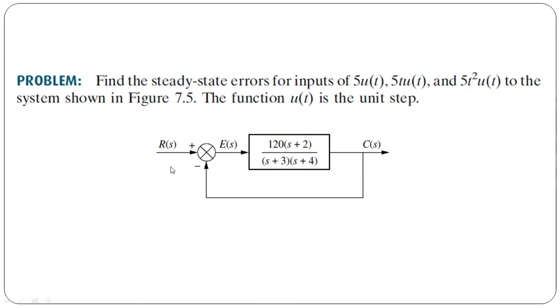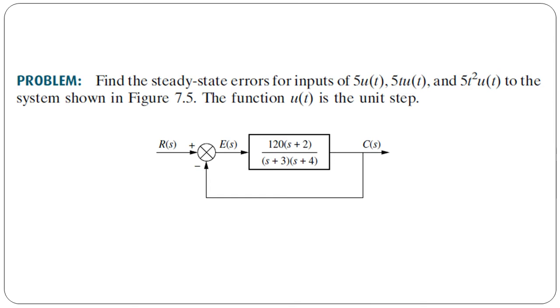Yung forward path, laging nag-start sa input papunta sa output. Any transfer function, dapat simplified, na makikita nyo doon sa forward path, that is a forward transfer function. In this case, yung forward transfer function natin is 120(s+2) over (s+3)(s+4). So, ano naman yung closed loop transfer function or yung T of S?